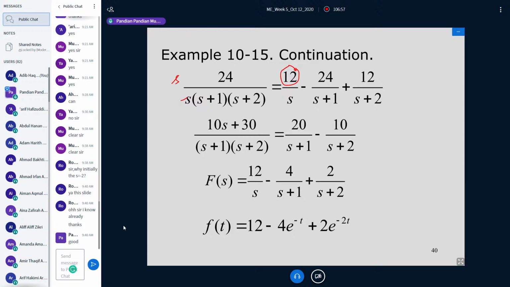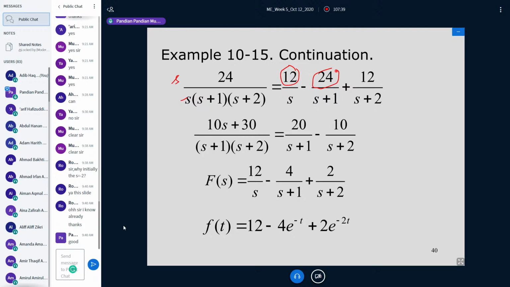Direct find 12. And B, for s plus 1, I cannot take s as 0, so I take s minus 1. This is minus 1, this is minus 1. So I have 2 minus 1, 1. Left with s plus 1, I got minus 1 here. So minus 24.